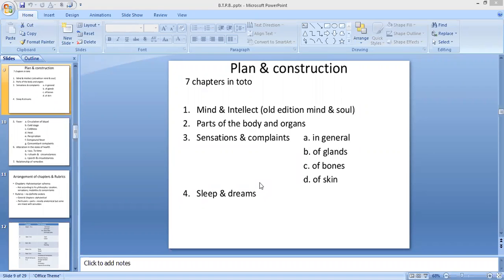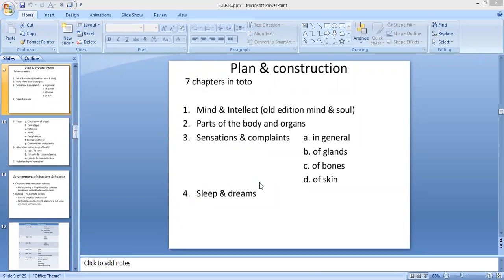So these are the subjective symptoms. Then objective symptoms means we can observe these symptoms. These are called objective symptoms.